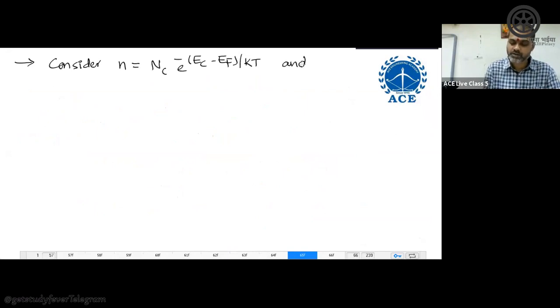And similarly, we'll take the p. What is p now? p is equal to Nv e power minus (Ef minus Ev) divided by kT.